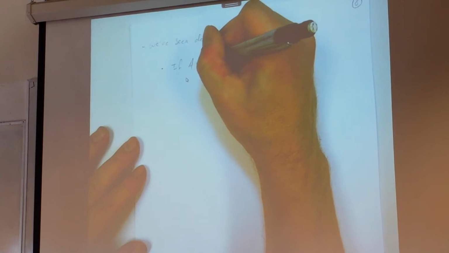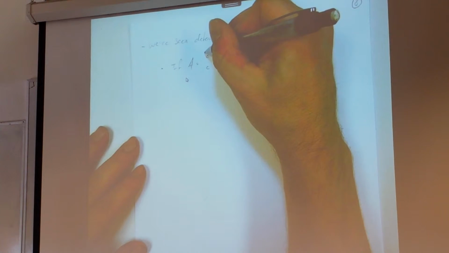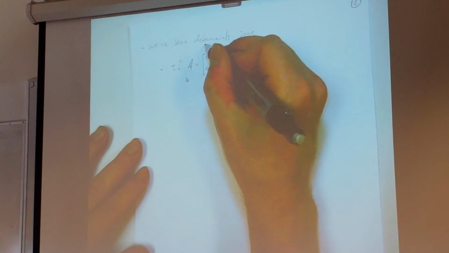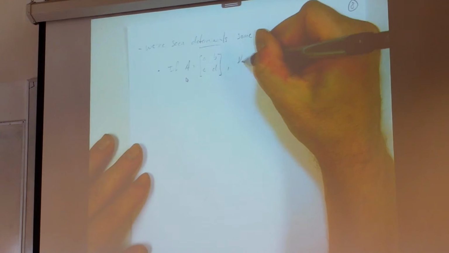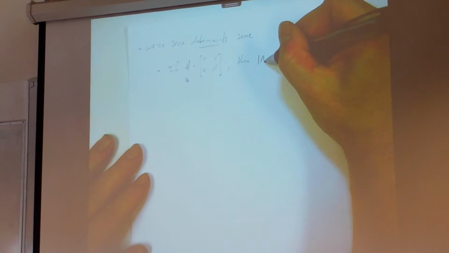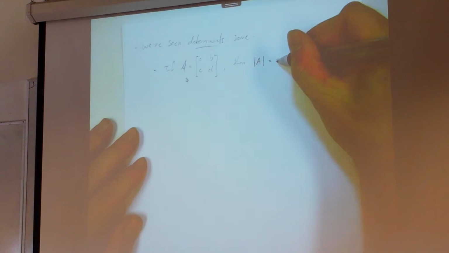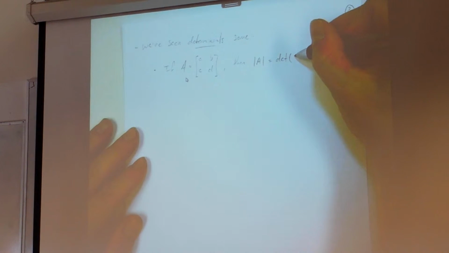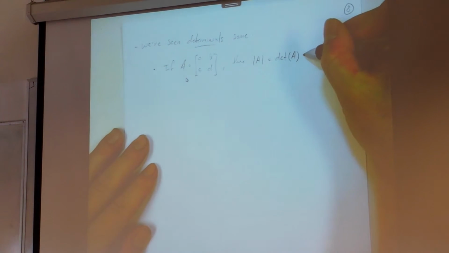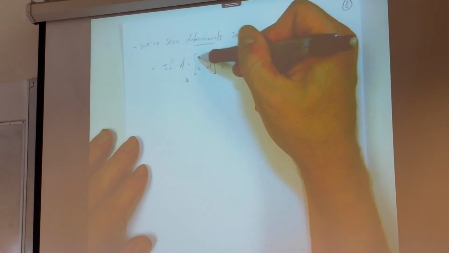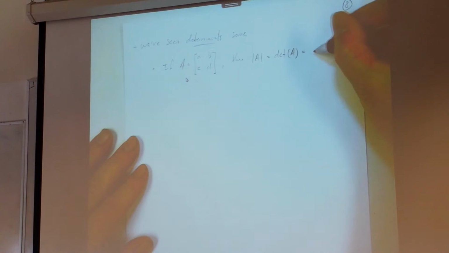So if A is a 2 by 2 matrix, a, b, c, d, how do we find its determinant? They write it one of two ways: like the absolute value bars, or, in a little more wordy way, determinant of A. It's like an operation. It takes in a matrix and spits out a value, the determinant. For a 2 by 2 matrix, it's the product of the main diagonal minus the product of the other diagonal, ad minus bc.